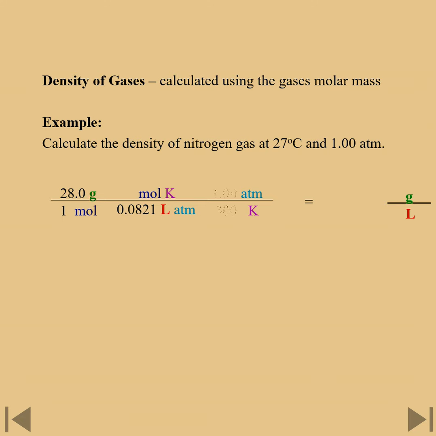Let me go ahead and put in my pressure in atmospheres and my temperature in kelvins. And I calculate a density of 1.14 grams per liter. Real quickly, I would point out, looks like we didn't have enough information. The reason we didn't have enough, it looked that way, is because we did have that molar mass coming from the periodic table.